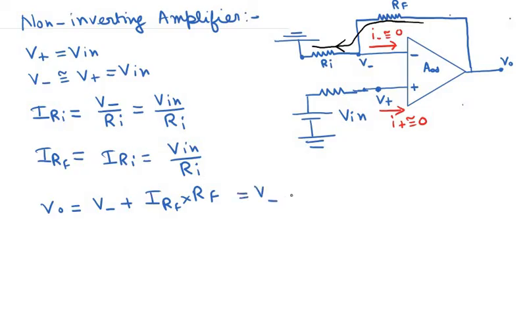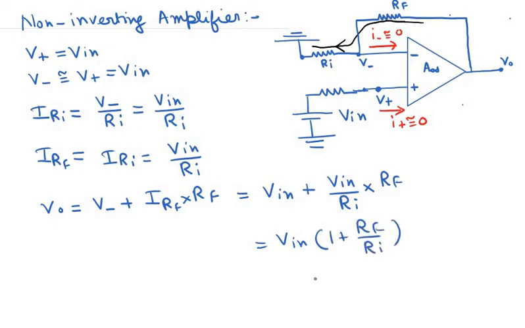So this is equal to V minus plus IRF, which is equal to, V minus is equal to V in, so V in plus IRF is equal to V in divided by Ri into RF. So V in times 1 plus RF divided by Ri, so this is equal to V in times Ri plus RF divided by Ri.